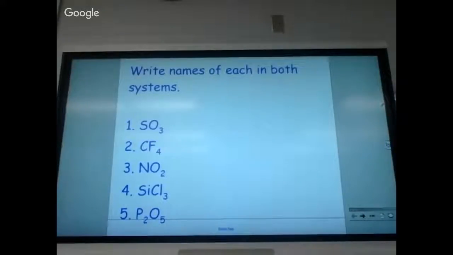If you think you know the old system better, do it first, and then go back and do stock. I like the old system. Most people do.